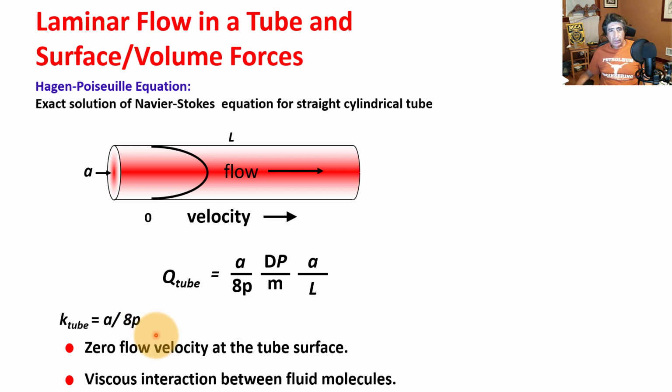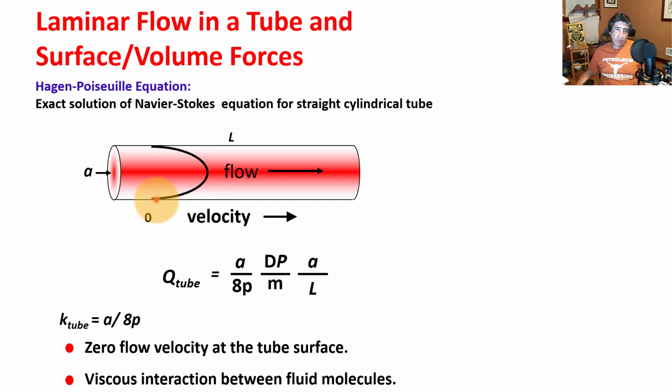Well, because the boundary condition that we have in this case is zero flow velocity at the surface of the tube, and that boundary condition causes a kind of friction force that causes the interstitial velocity of flow to be dominated by, or sensitive to, the surface properties of these fluids.